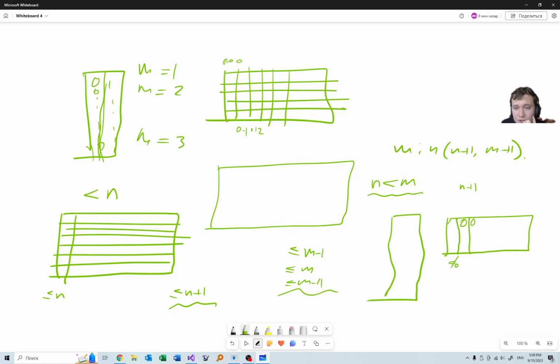Okay, so it looks like this maybe. So it should be also no zeros here, no ones here, no twos here, no threes here.